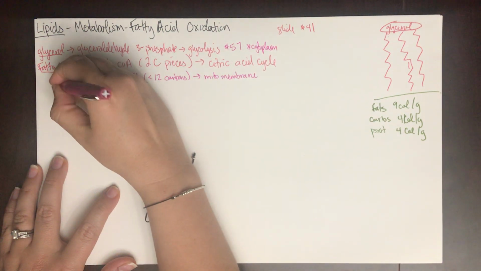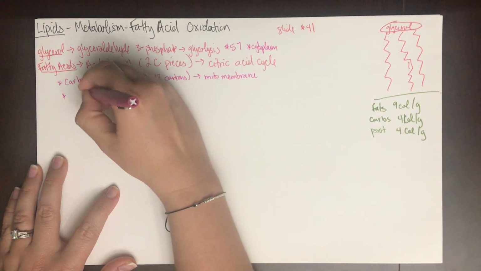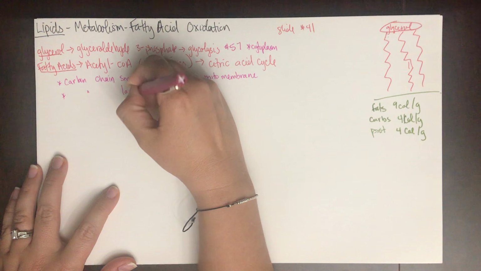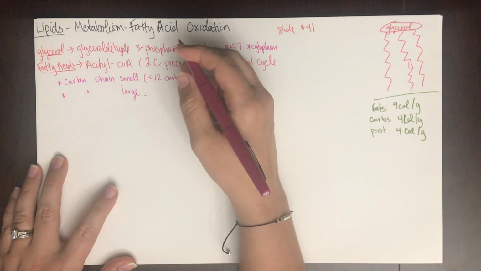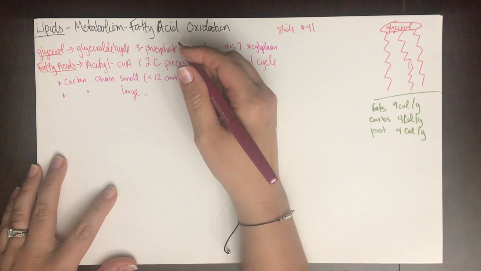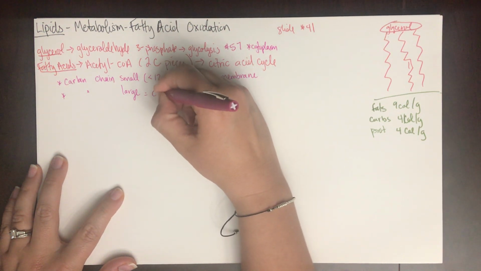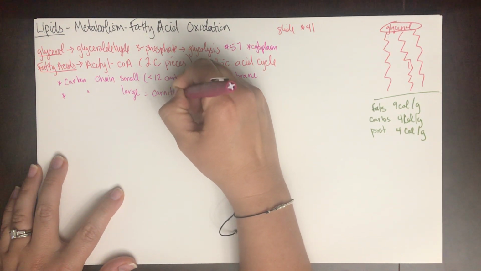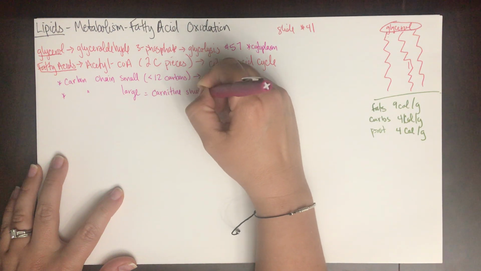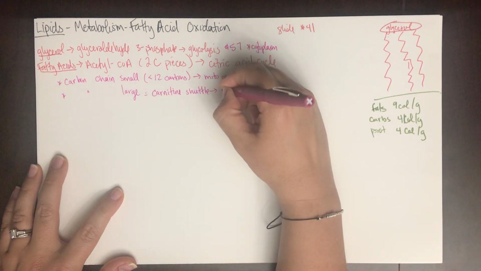If they're large, they have to use what's called a carnitine shuttle. Sometimes it's called an acylcarnitine transporter, to get into the mitochondria.